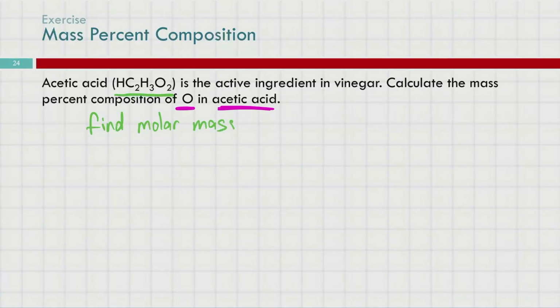So find the molar mass of HC2H3O2 and of the oxygen in that, in vinegar. So specifically the amount of oxygens that we have in this chemical formula.